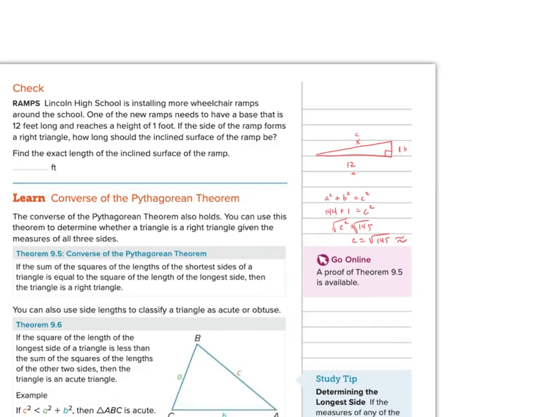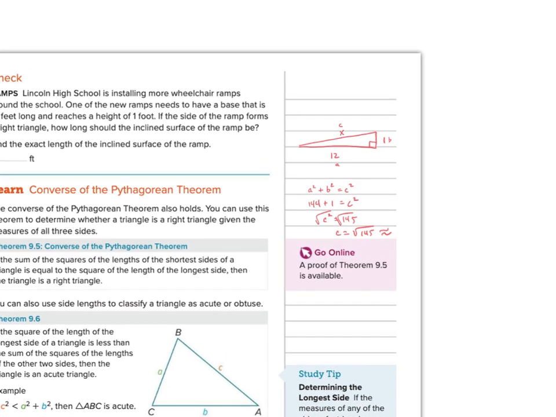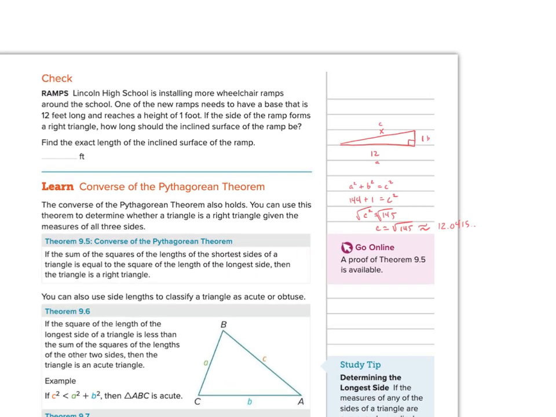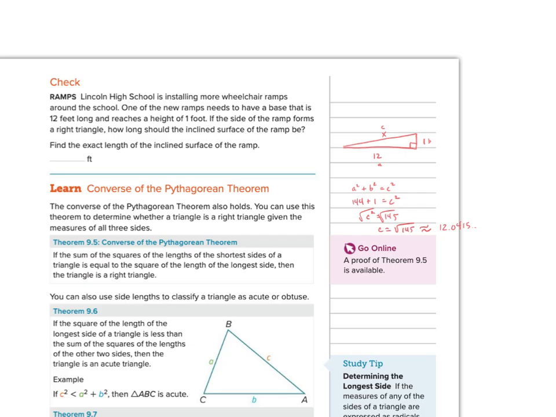And this is one of those problems where you have to be careful because the decimal comes to 12.0415 and keeps going a little bit. But when you round this, you have to be careful. You know, find the exact length of the inclined surface of the ramp. You can't just round to 12, okay?